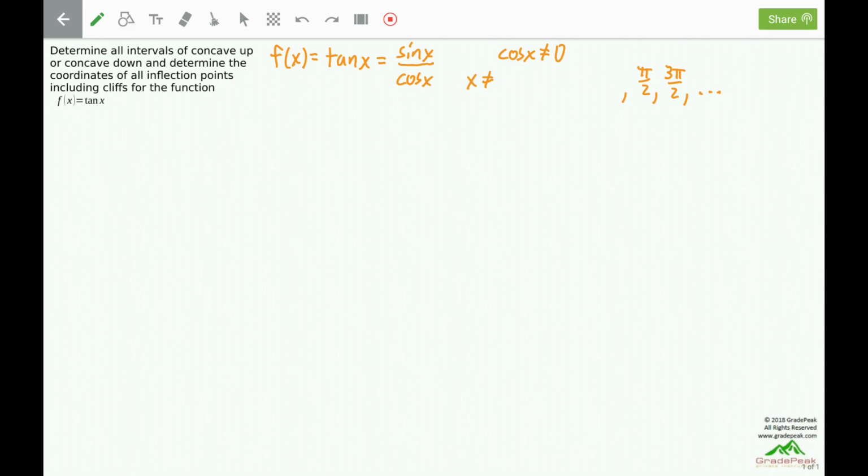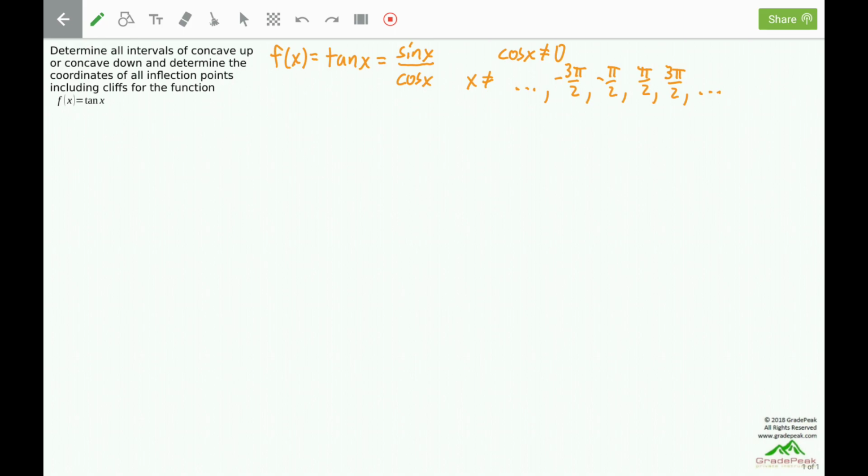But it also occurs in the negative realm because on the unit circle, 3 pi over 2 is equivalent to negative pi over 2 if we go clockwise around the unit circle. And pi over 2 is equivalent to negative 3 pi over 2. And on for an infinite number of negative values x cannot be.